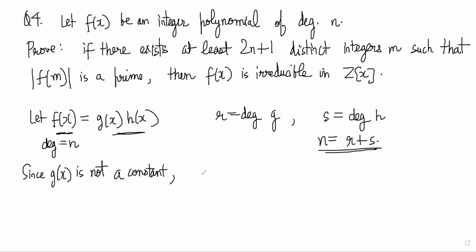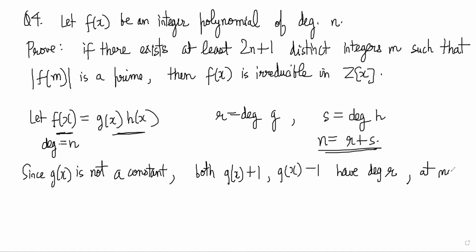So since g of x is not a constant, we know both g of x plus 1 and g of x minus 1 have degree r. So at most r roots, right?